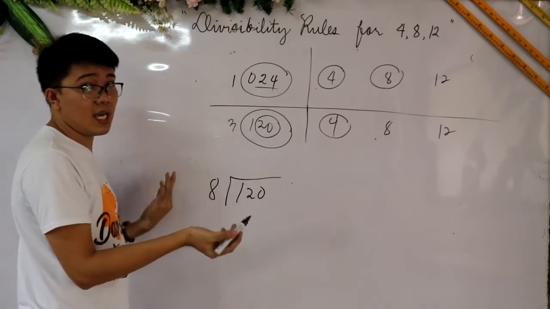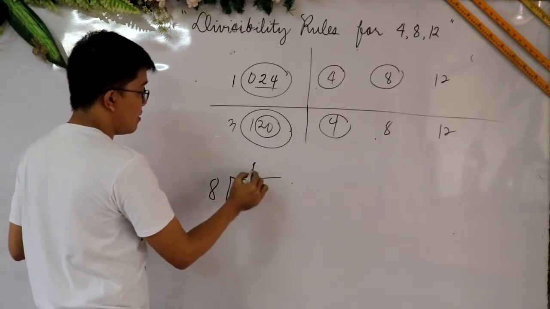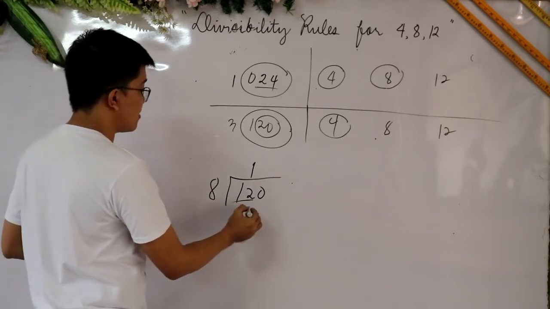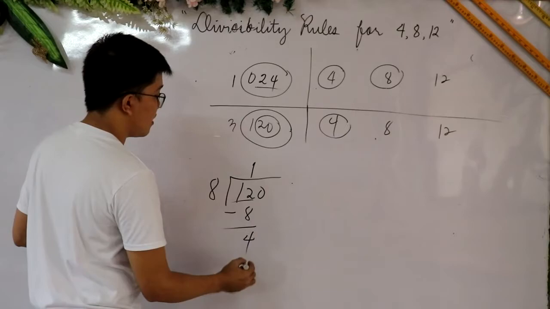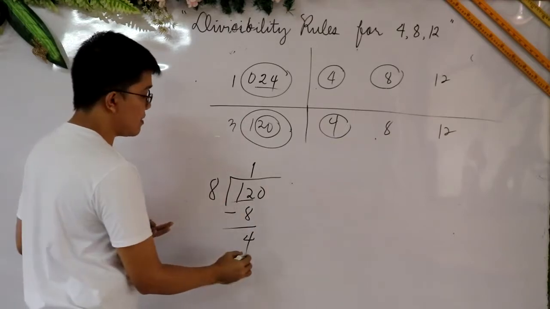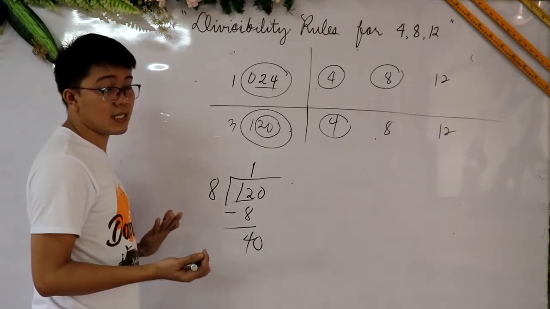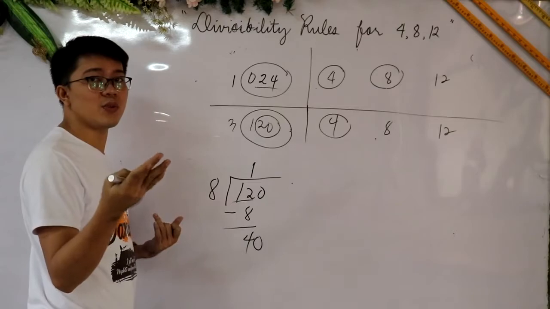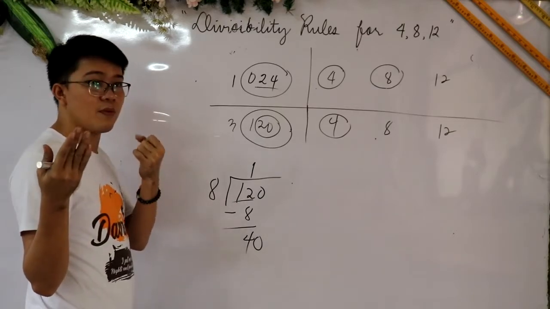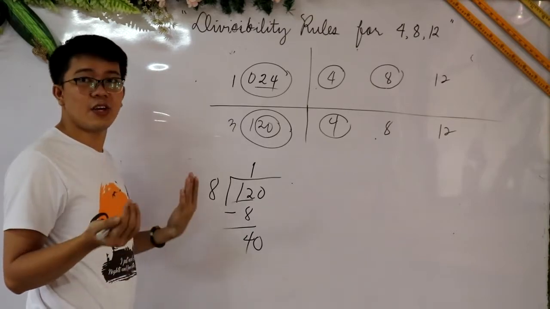1 divided by 8 cannot be, or 0. 12 divided by 8, 1. 1 times 8, correct, it's 8. What is 12 minus 8? Awesome, it's 4. Then bring down, definitely 0. 40 divided by 8. How many 8s are there in 40?